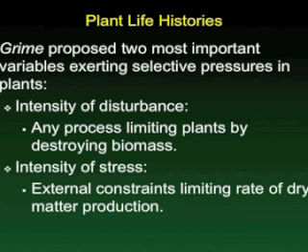And by disturbance, he's talking about anything that rips out the plants or destroys them, like a fire or a flood or maybe a hurricane or plowing the land. And by stress, he's talking about those things like lack of water or extensive heat or maybe a salty environment that cause the plants to have a difficult time growing.